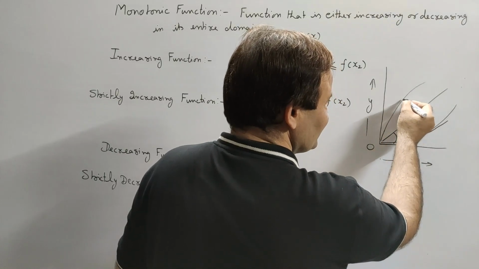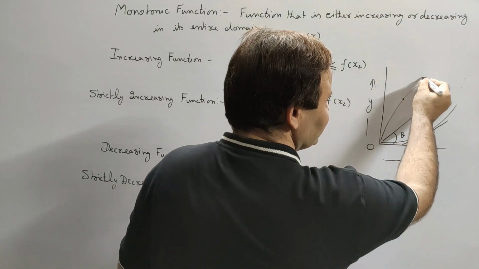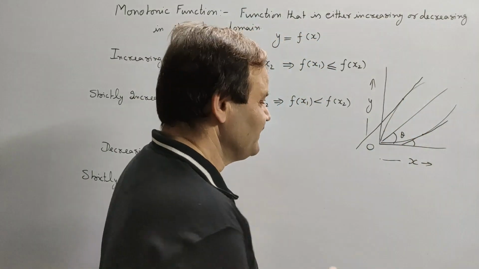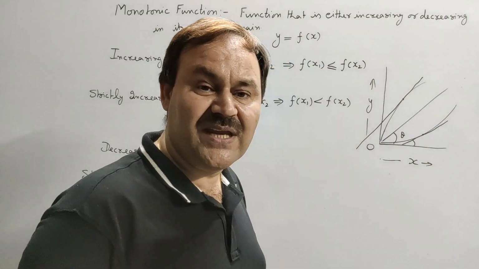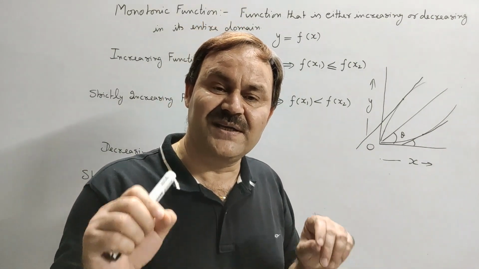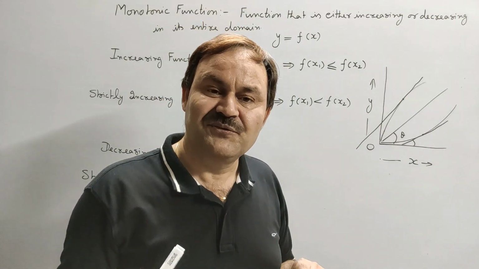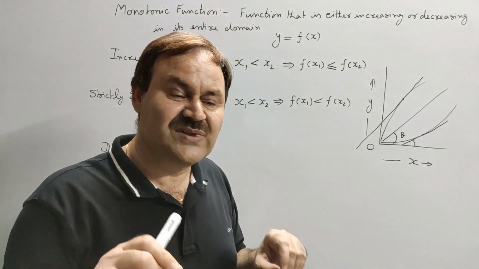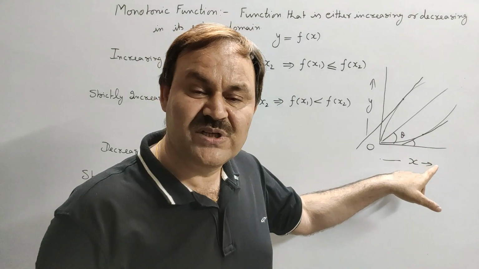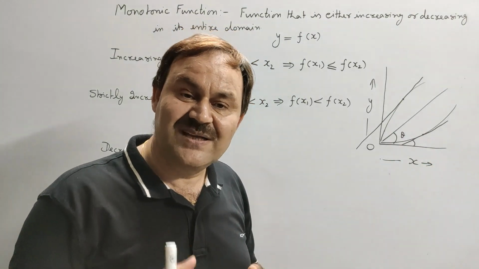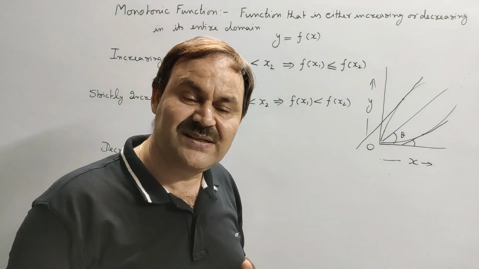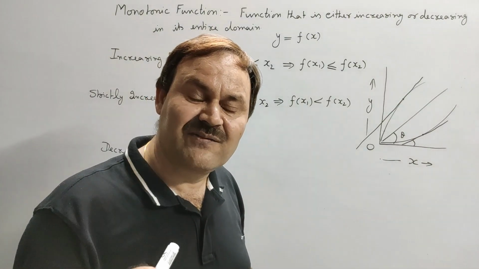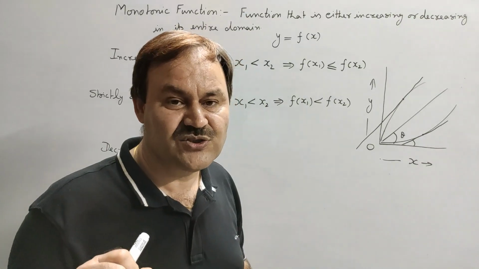For this case also, if we draw a tangent, then tangent to the curve will be like this only. It means tangent to any point on an increasing function will always be making an acute angle with the positive direction of x-axis. Hence, the slope of tangent to the increasing curve will always be greater than 0.